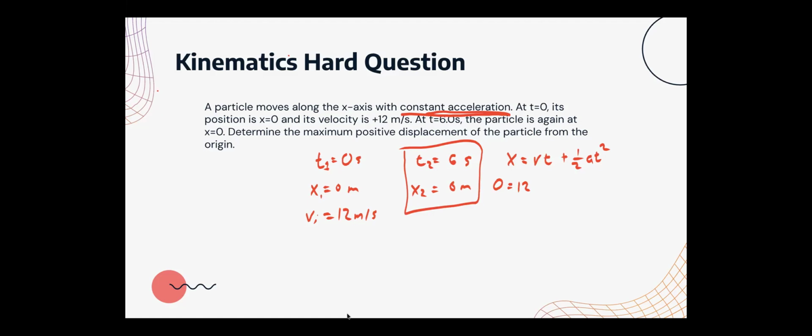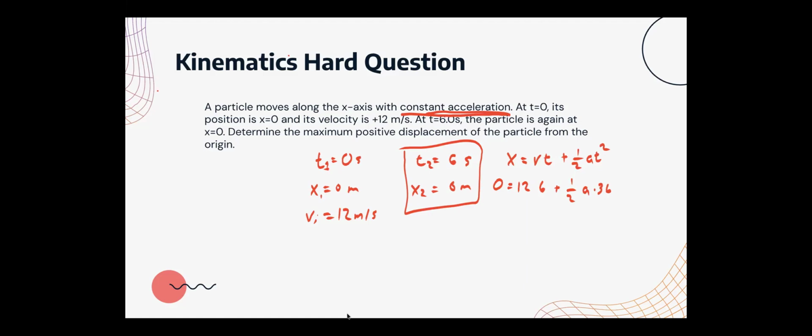So 0 equals 12 times 6 plus 1/2 of a times 36, because 6 squared is just 36, correct?